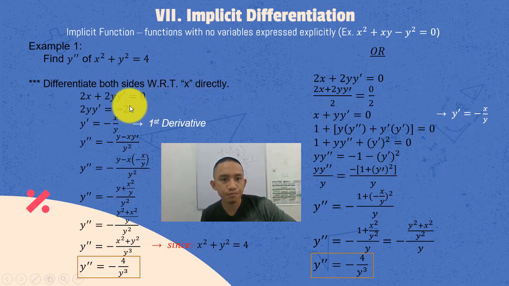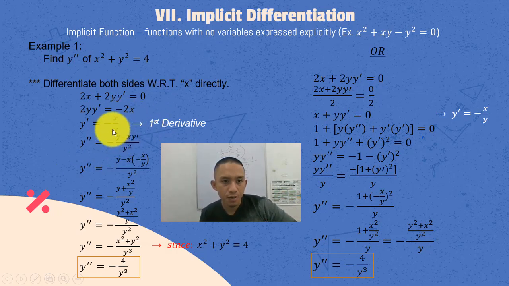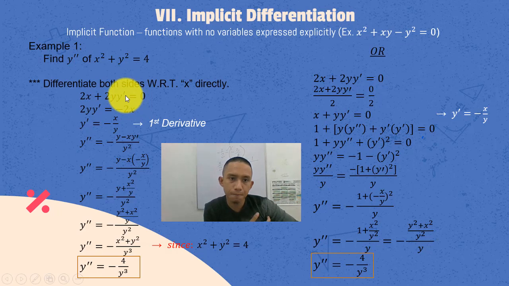Now this is the original solution for that. Let me show you an alternative, but the same. The only difference is how we proceed to the next differentiation. What I will do is simplify first. Bring out y prime first before proceeding to the next.